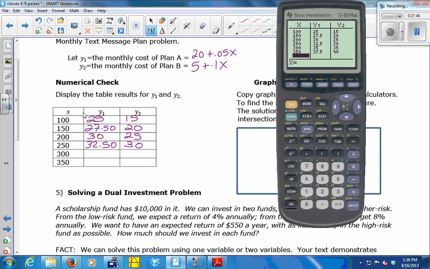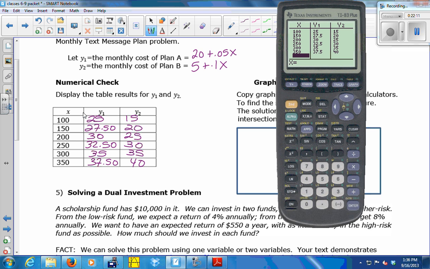And then for 300 texts, we have $35 or $35, right? The same cost for plan 1 and plan 2 when you use 300 texts. And then once you go past 300 to say 350, $37.50 for plan 1 and $40 for plan 2, and now suddenly Y1, plan 1, would be the better choice.